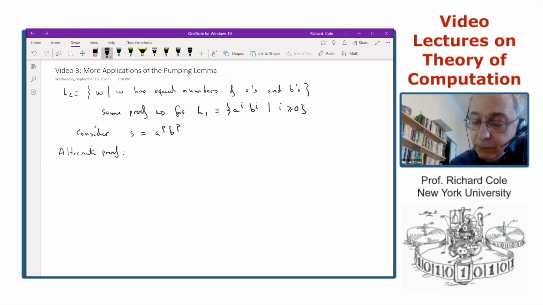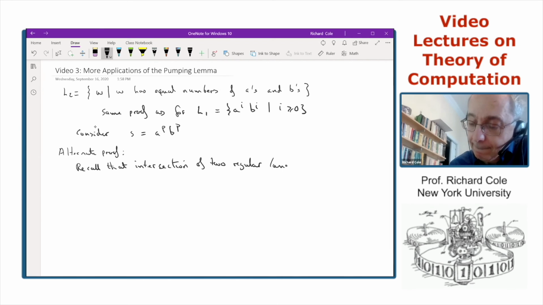And to follow this alternate proof, you need to remember that the intersection of two regular languages is also regular.